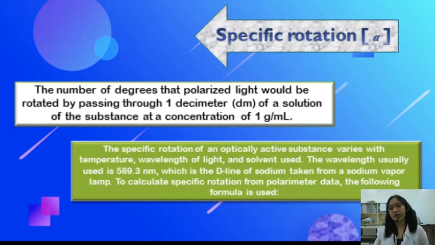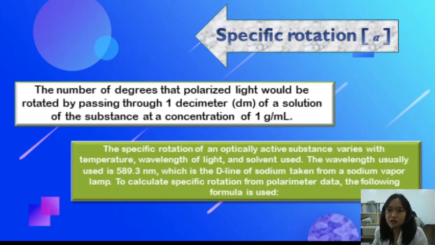So, sabi nga natin, when you say solution, meaning your substance was being dissolved in a liquid. Okay? So, the amount of the solution is 1 decimeter and in a concentration of the solvent, 1 gram per milliliter.